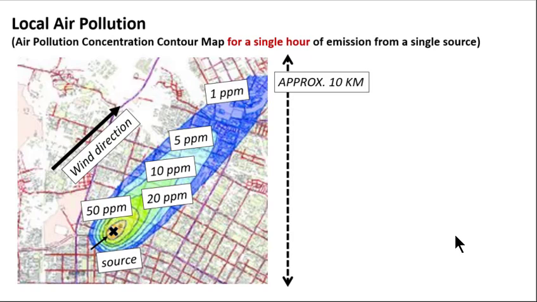To explain more precisely, the area between the 10 and the 20 ppm contours, for example, are areas where the concentrations due to the source emissions for the hour are between 10 and 20 ppm. The total area enclosed by the 10 ppm contour, including the green and orange contours close to the source, is then the area where the concentrations are greater than 10 parts per million.